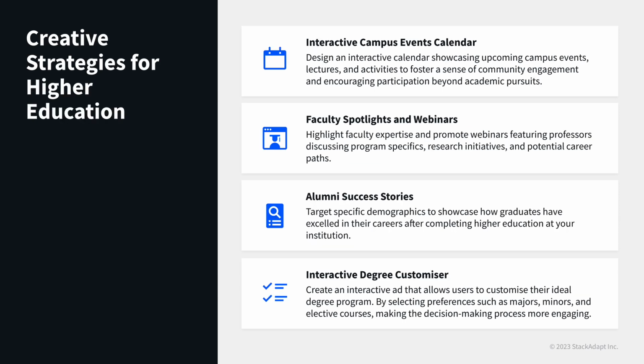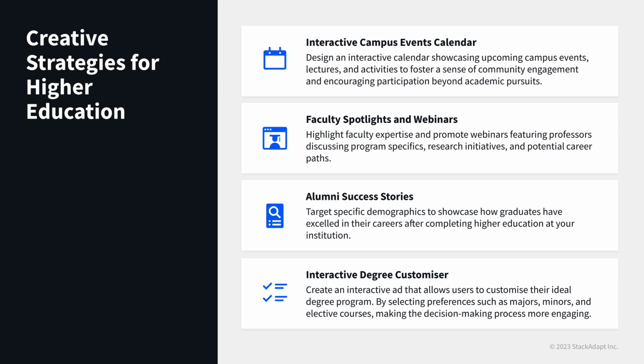For creatives around higher education, we want to make sure that your applicants fall in love with the place and visualize themselves on campus. So it is important to create an emotional connection. We recommend the use of interactive calendars showcasing upcoming campus events.